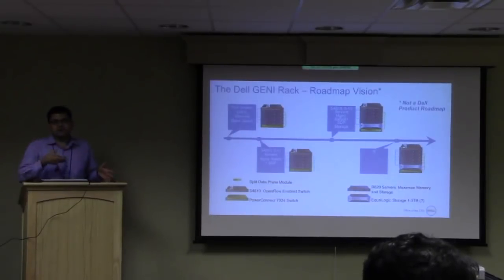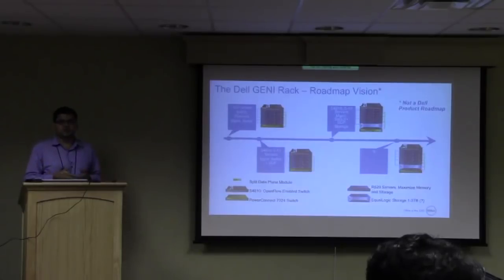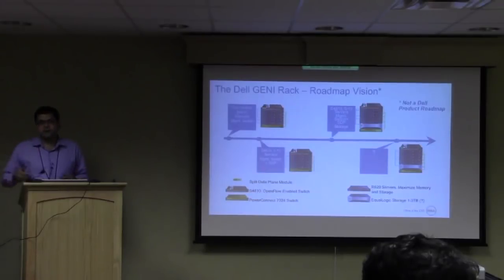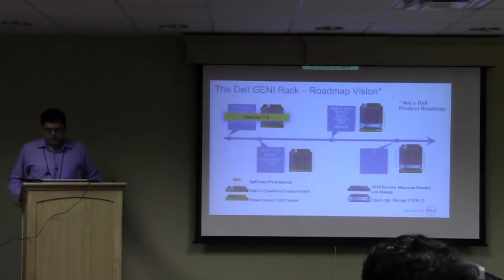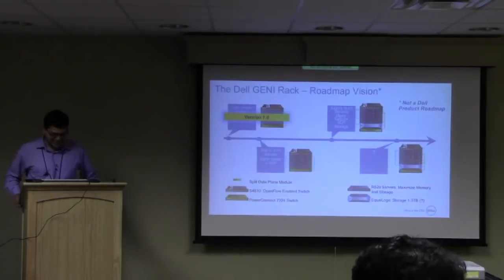So that got us thinking, let's use this as an opportunity to create a rack roadmap, getting ideas from various universities in terms of development. Version 1.0 is what we are working on with Clemson, and hopefully we should have that soon. Now, soon is a variable, so I won't commit to the actual date, but I think we are making pretty good progress.